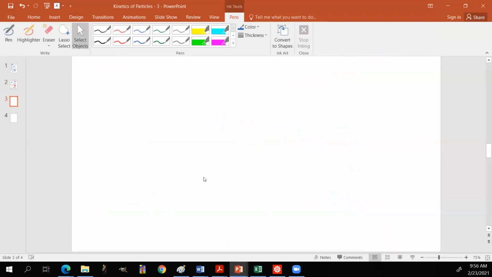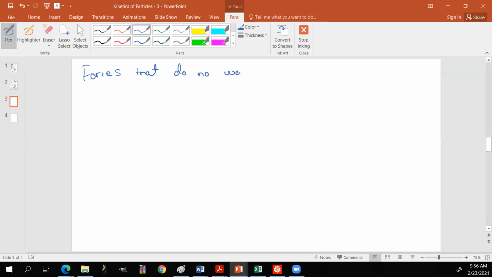So there are a couple of things which make our lives easy when we're looking at work and energy. Basically, there are forces that do no work. This is the case where your change in displacement is going to be 0, or potentially the angle is going to be 90 degrees.